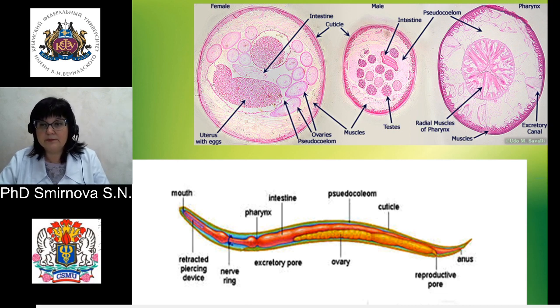The female has a cuticle, then a muscle layer, then a reproductive system which contains ovary, uterus with eggs, and intestine. The male has the same structure: cuticle, then a layer of muscles, intestine, and testes.